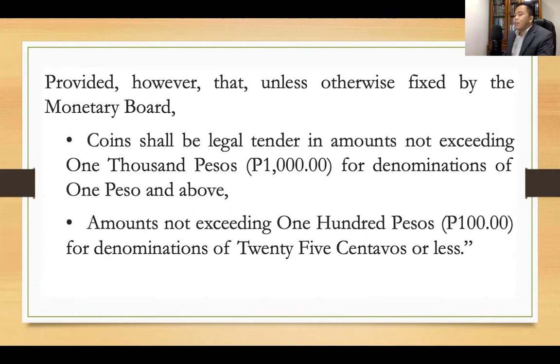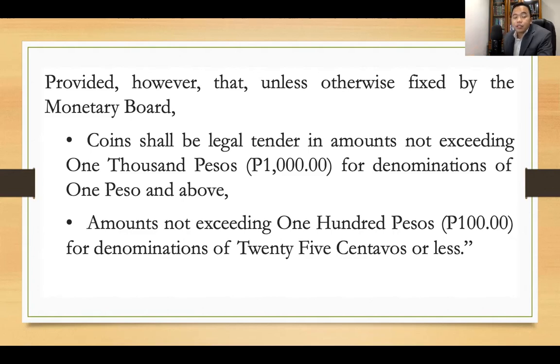Imagine, class, if you will be paying the amount of 1 million pesos using 1 peso coins, then it's going to be a tremendous problem on the part of the creditor. Because how can he keep the thing? Or it's going to entail a lot of logistical problems in terms of counting the 1 peso coins.